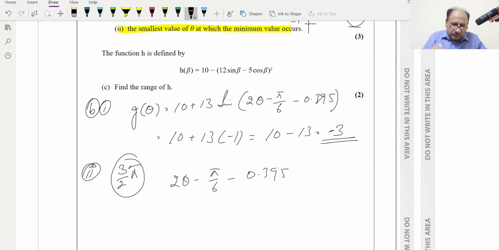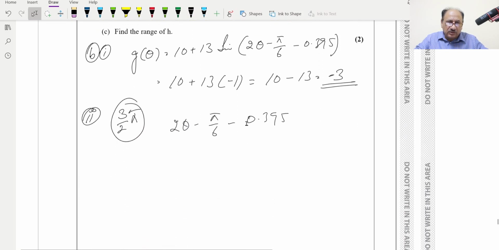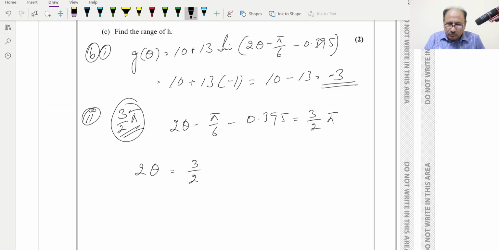And this one, 3 by 2 pi, we are taking 3 by 2 pi because the minimum value occurs there: this is 0, this is pi by 2, this is pi, and this is 3 by 2 pi. So we take this equal to 3 by 2 pi, and 2 theta is equal to 3 by 2 pi plus pi by 6 plus 0.395.